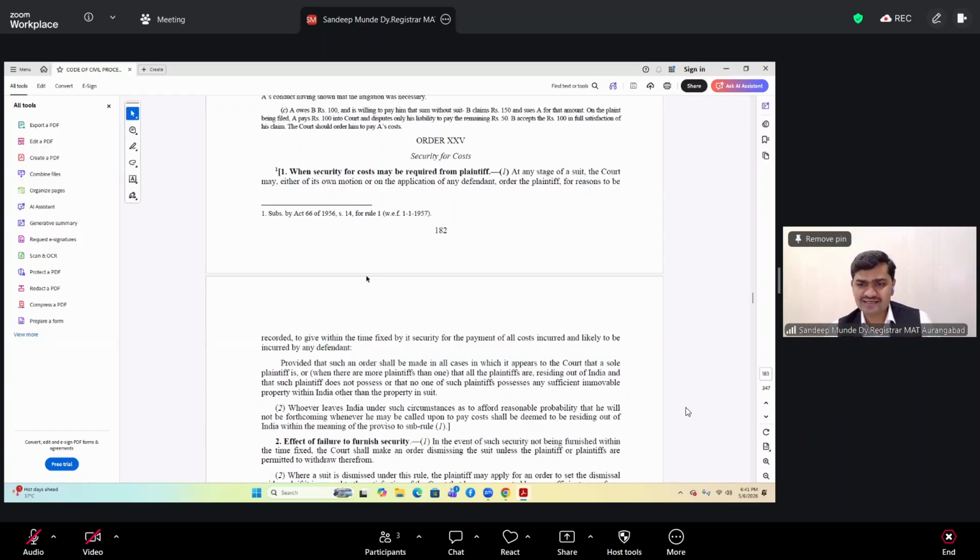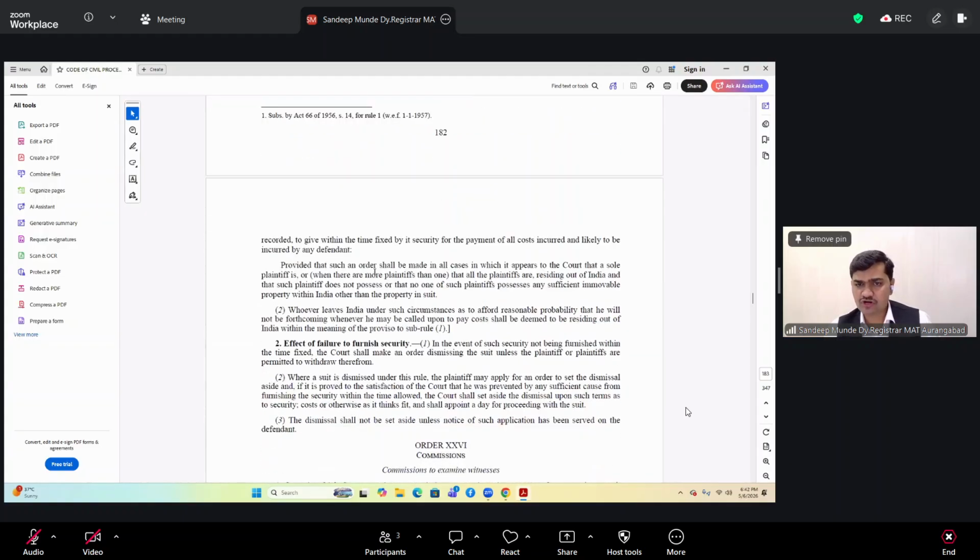But only in certain contingencies: if the plaintiff is not resident in India or is about to leave the jurisdiction of the court. In those circumstances, the court can ask the plaintiff to deposit the security, and according to this Order 25, if the plaintiff fails to furnish the security, the suit will be dismissed, and if he complies with the said provision, the suit will proceed.